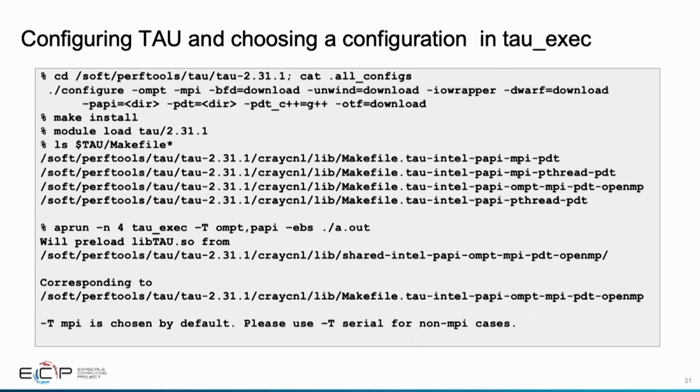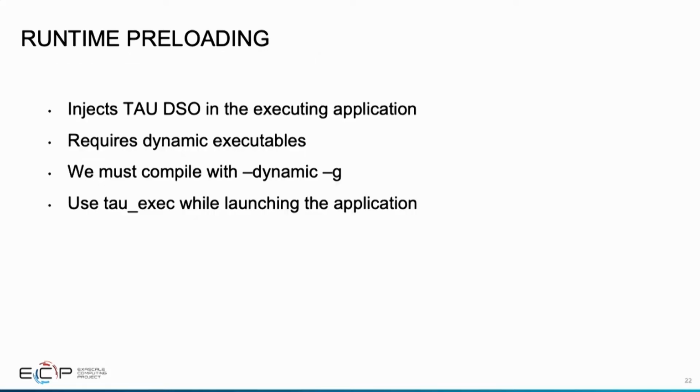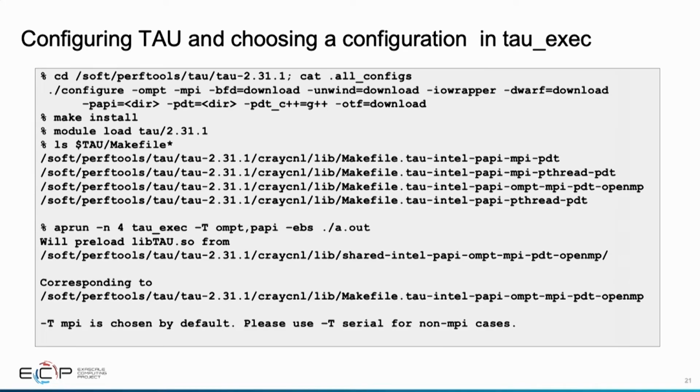And these tags that I mentioned, you see, when I configure TAU with a particular set of options, like use the OpenMP tools interface with OMPT, with MPI, use the BFD package, download it, you use a package for PDT, PAPI, it creates a stub makefile, which includes where these compilers are located, where these packages are located, and it has these tags in its name, like Makefile.tau with PAPI, with MPI, with OpenMP tools interface, one with MPI, one without MPI, one with OMPT, one with just pthread.